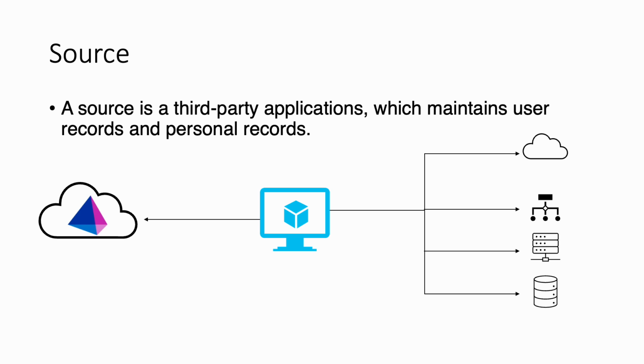It pulls user identities and personal records from both cloud and on-premises sources, and then sends this data securely to the SailPoint cloud for processing. This integration helps automate processes such as provisioning, deprovisioning, and access management, all while ensuring compliance with governance policies.